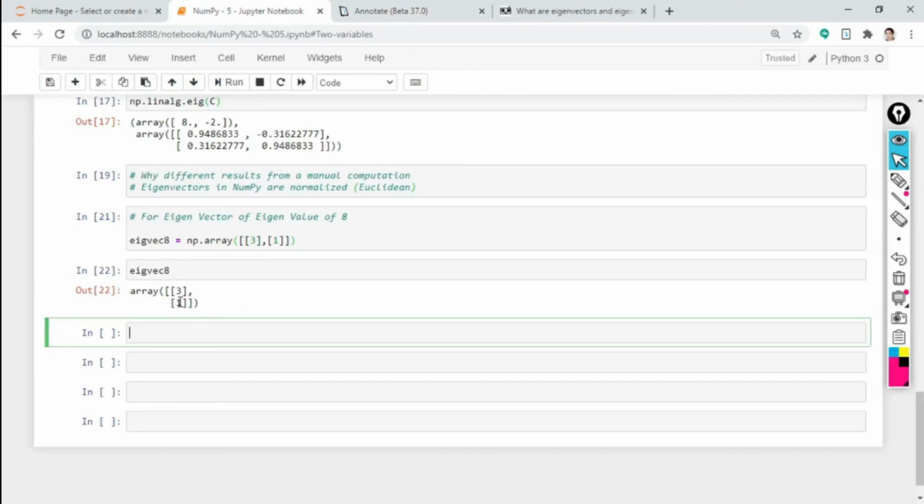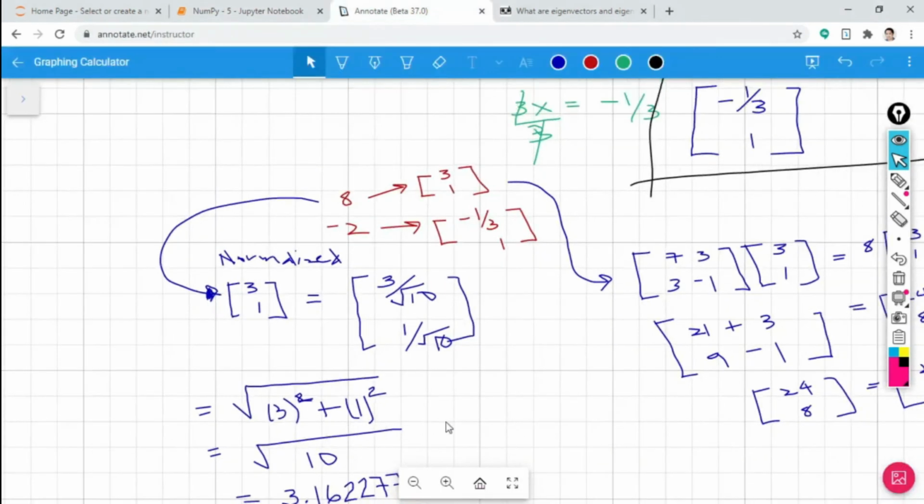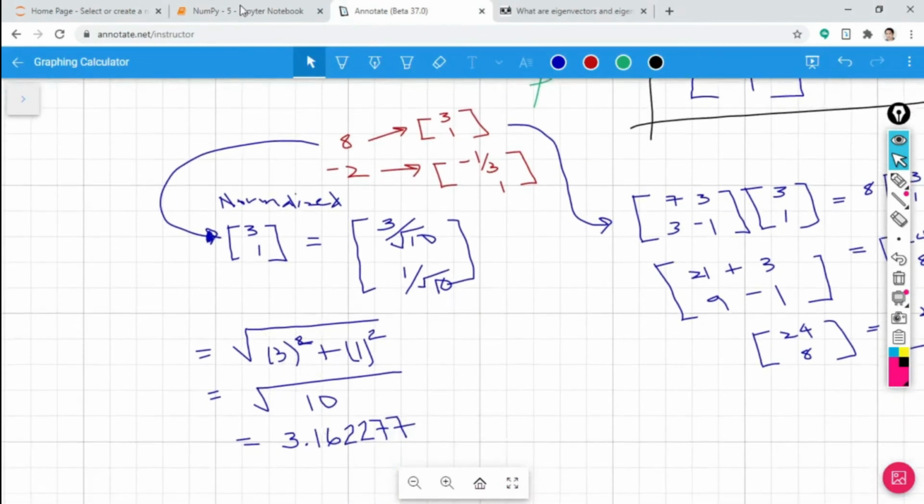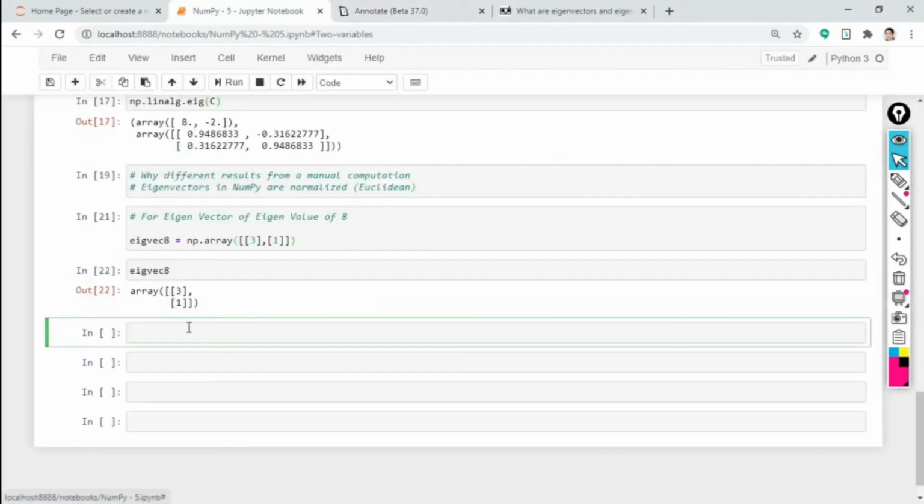So let me compute the normalization in Python, probably in one line.